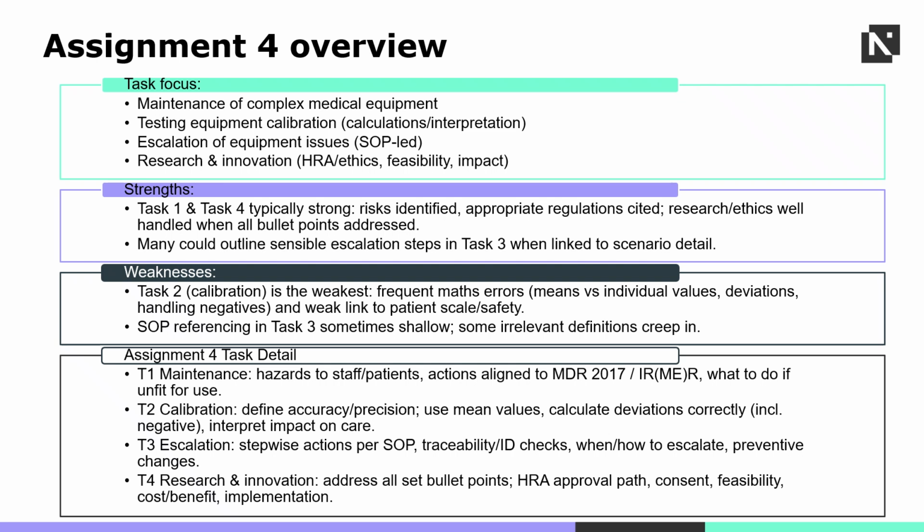In task 3, escalation, follow the SOP step by step, perform ID traceability checks, decide when and how to escalate, and suggest preventative changes. For task 4, research and innovation, address every bullet point: HRA route, consent, feasibility, cost and benefit, and implementation.